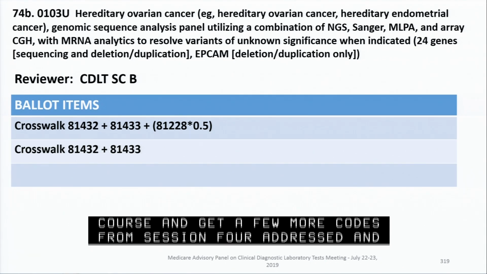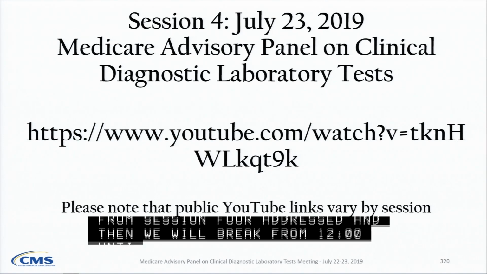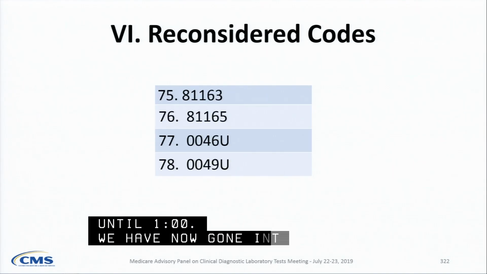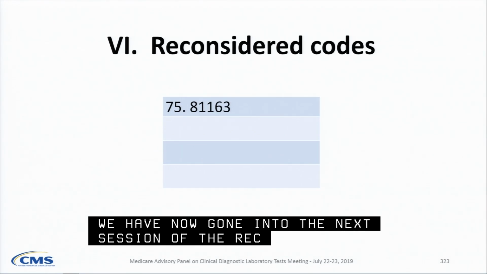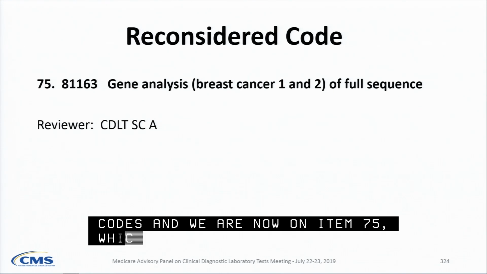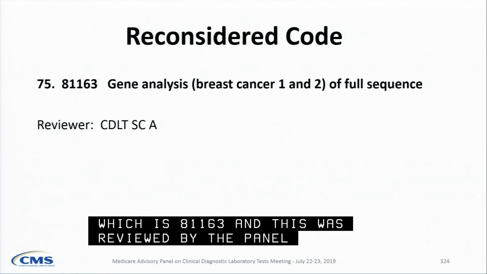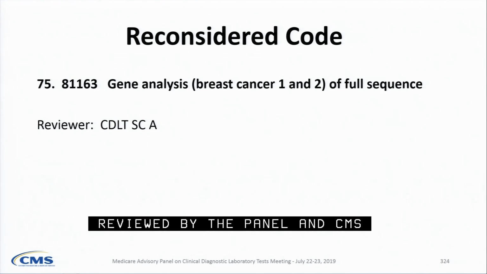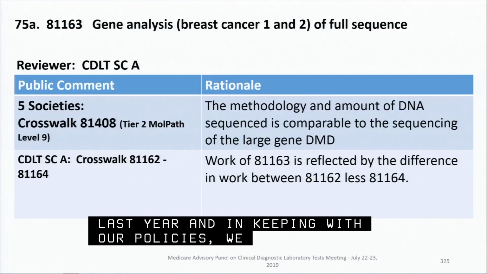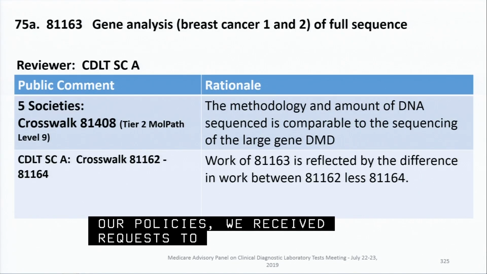So we have now gone into the next session of the reconsidered codes, and we are now on item 75, which is 81163, and this was reviewed by the panel and CMS last year, and in keeping with our policies, we received requests to reconsider 81163, and I'm going to turn this over to the CDLT Subcommittee A, Dr. Bossler.